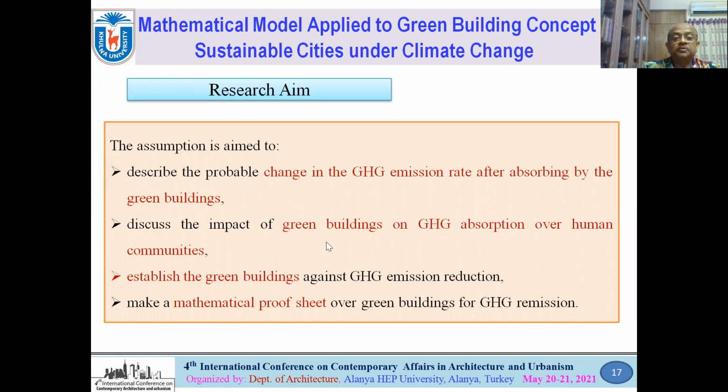They discuss the impact of the green buildings on greenhouse absorption over human communities and establish the green buildings against greenhouse gas emission reduction. So all the things will be analytically proved, and then verified numerically to show the effectiveness of this green building idea.